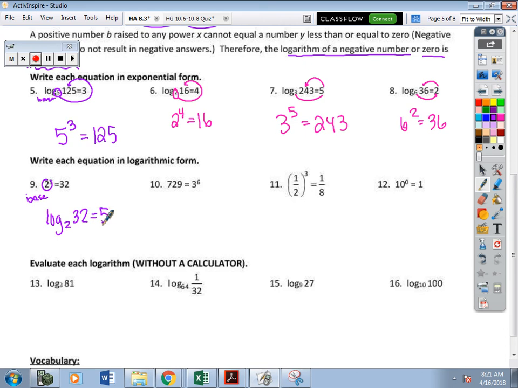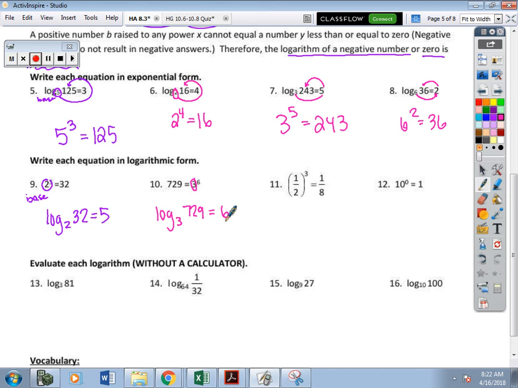And you can think, because whenever we did inverse, remember we would switch the x and the y. That's kind of why the logarithms, the values will switch around. So again, identify your base first, because that's going to go in the base position, our subscript. Log base 3 of 729 equals 6.